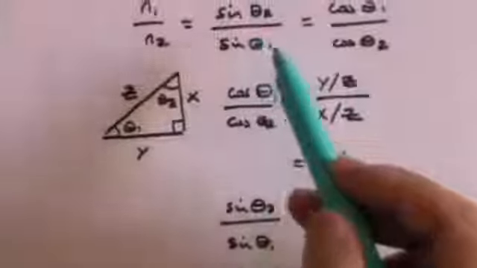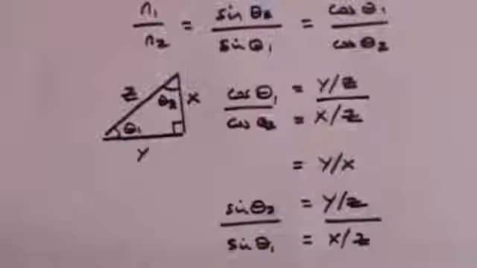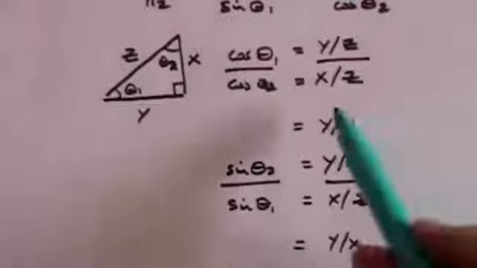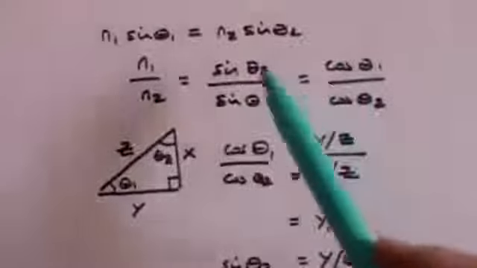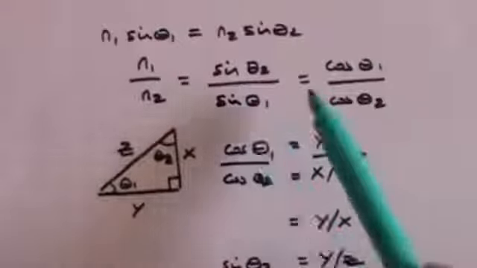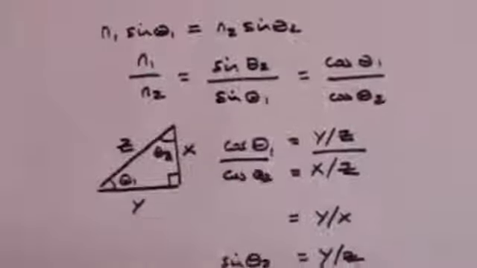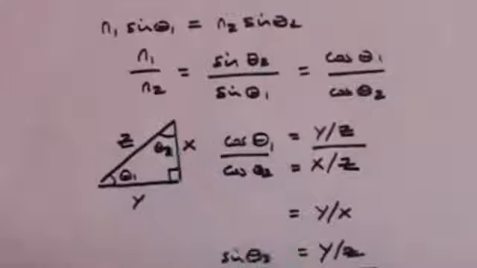And if you divide the two, which is what you need to do for this term here, you get y over x, the same thing. In other words, sine theta 2 over sine theta 1 equals cosine theta 1 over cosine theta 2 in the circumstances where theta 1 plus theta 2 equals 90 degrees.